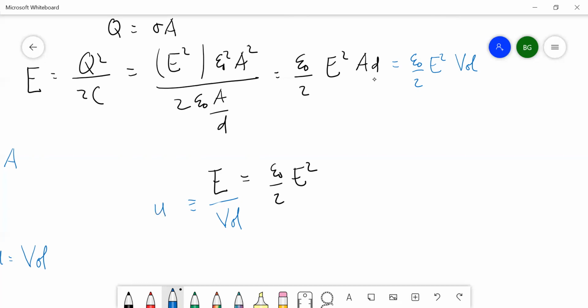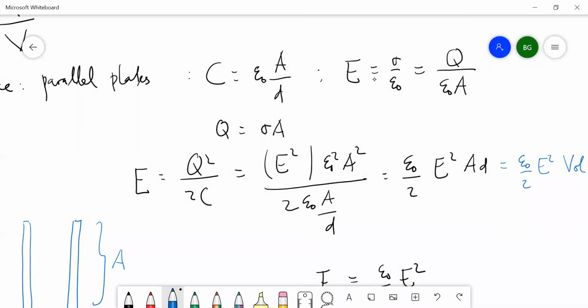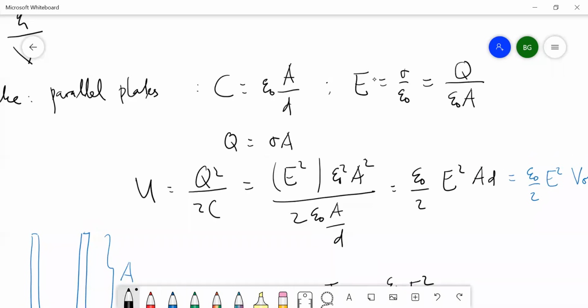Maybe I should say this is not E, sorry, because I'm afraid you are confusing it with the electric field.